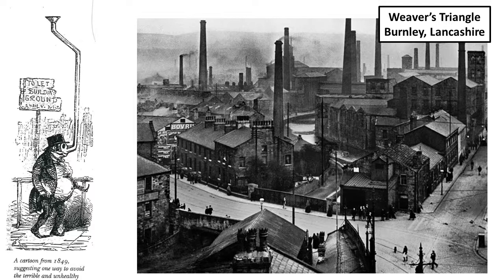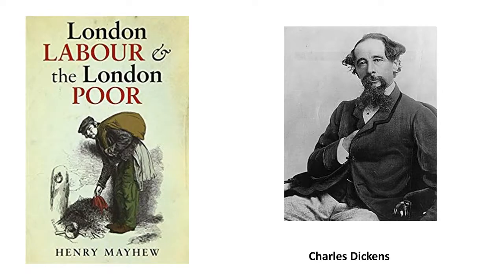You can see on this drawing on the left an innovative solution proposed by a cartoonist. And the observation of these conditions became something important in the cultural and political history of this country.